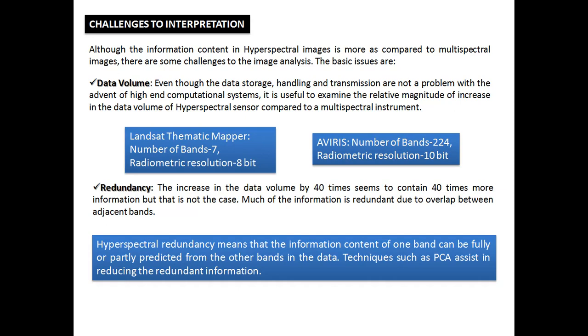But in the case of hyperspectral, we can get about 100 to 200 bands. So hyperspectral images are of huge size and the data volume is huge compared to multispectral and superspectral. The huge band count is the basic causative factor behind this huge dimensionality. Though the advancement of computational systems has minimized the stress, the volume still induces some processing complexity.